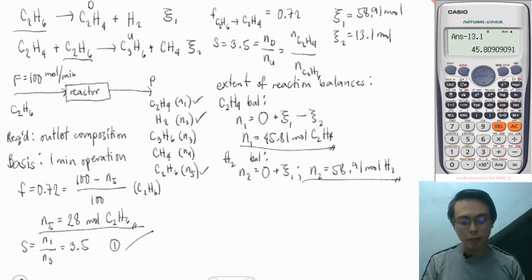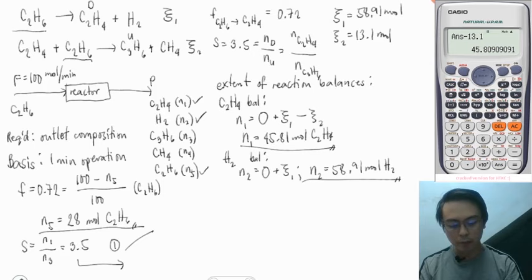Okay, next, N3. For N3, you have two choices. Either you perform the C3H6 balance or you go back to the definition of the selectivity, wherein we already have the value of N1, therefore we can get N3. So N3 is simply N1 over 3.5.